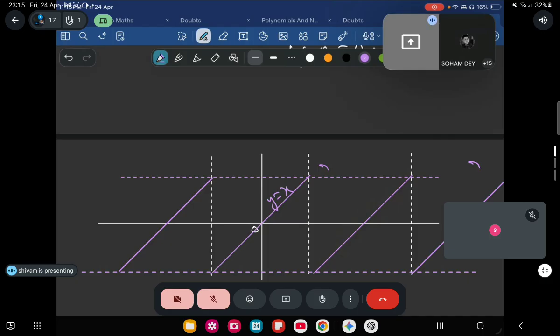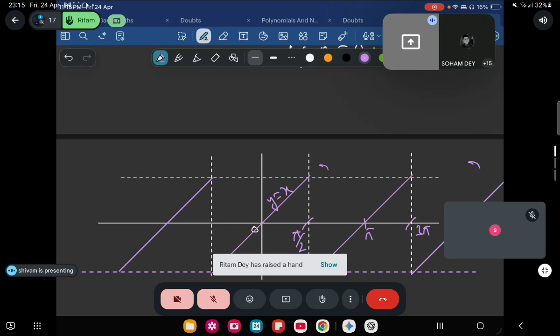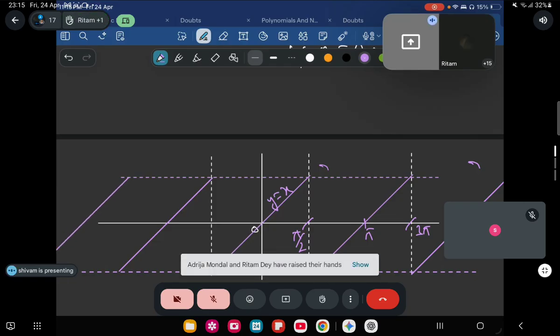Are you sure? Can someone else try? Remember, this is 0, this is pi by 2, this is pi, this is 3 pi by 2. You just need a point and a slope. Yes, Rhythm, tell me. Sir, y is equal to x minus pi. X minus pi is correct.